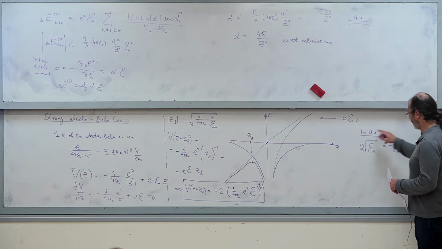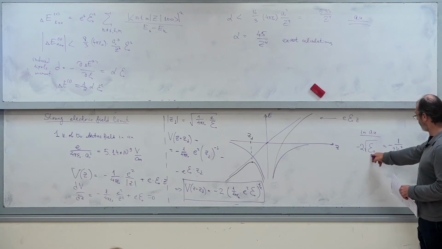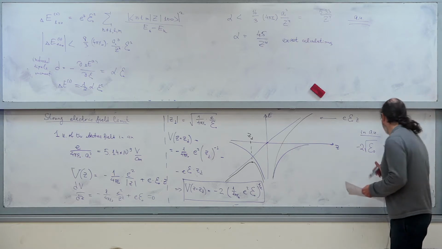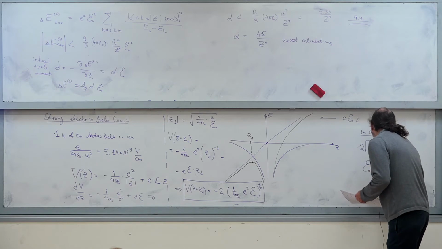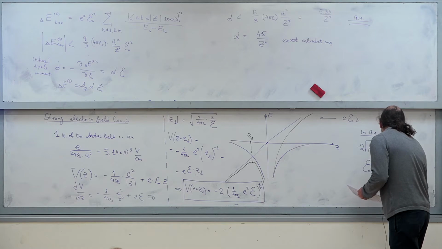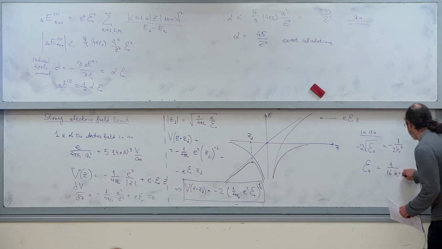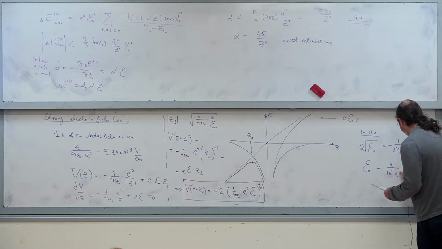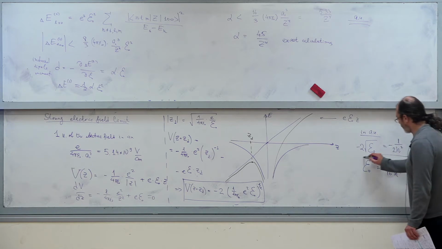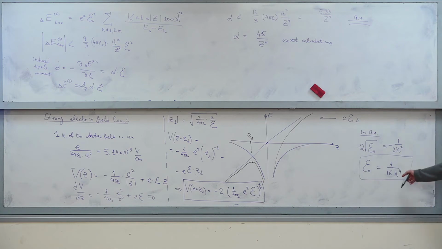So we know that the epsilon 0 that we need will go like 1 over 16 n to the 4th power. That answers the question of what the field should be to equal a certain bound state.